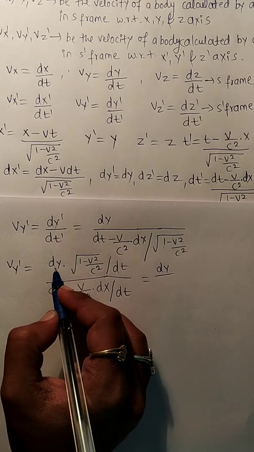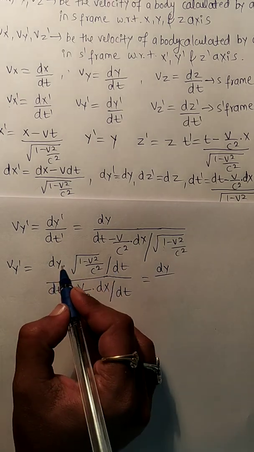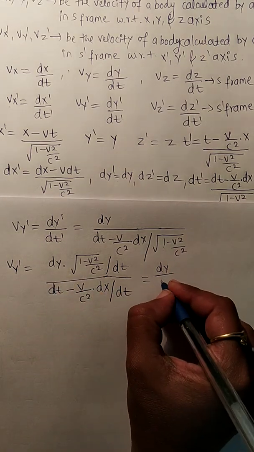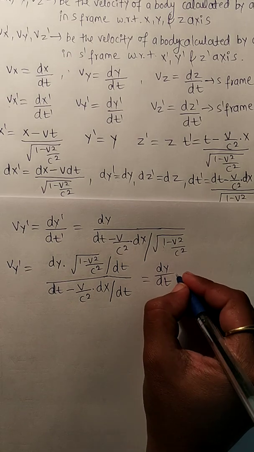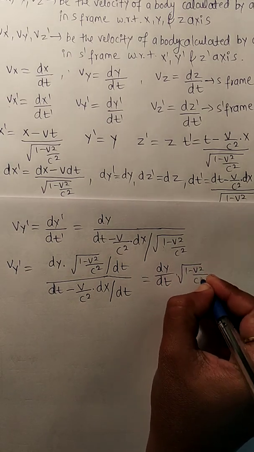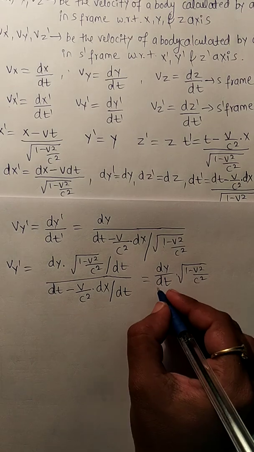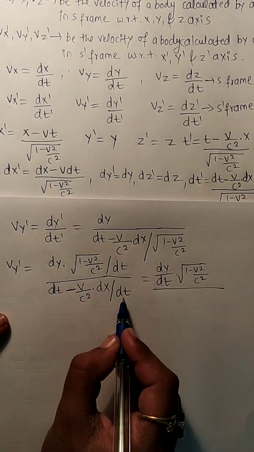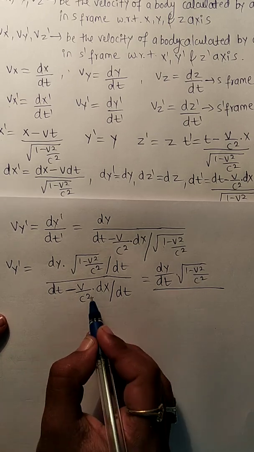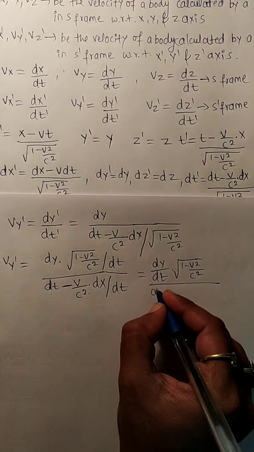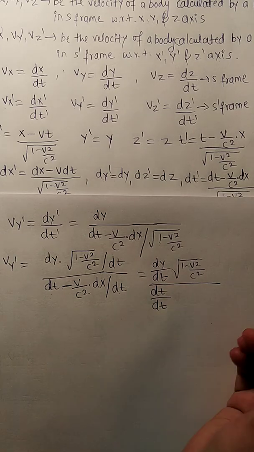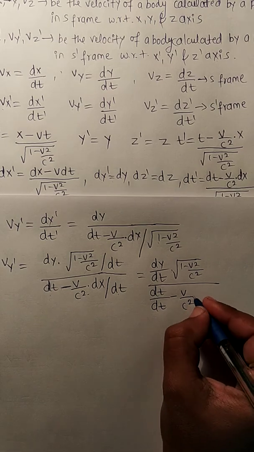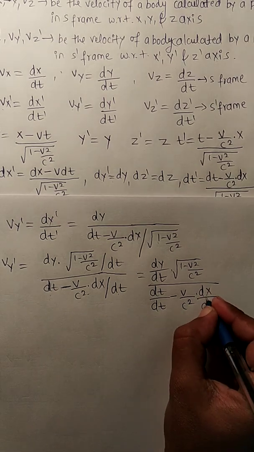If it is plus or minus, you divide both terms, but as it is multiplied, only one term gets divided. So we got dy by dt into square root of 1 minus phi square by c square, whole divided by, again dt. Now as it is minus, this dt will be divided for both the terms. So first we get dt divided by dt, minus, second, phi by c square into dx by dt.